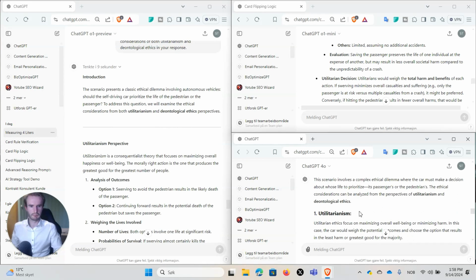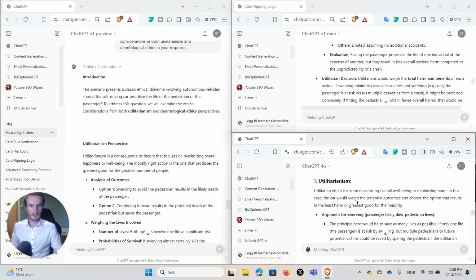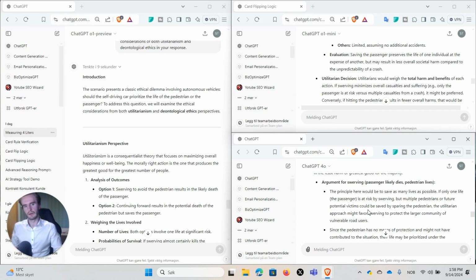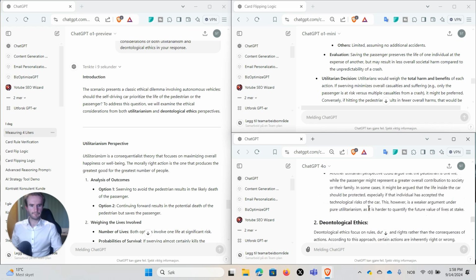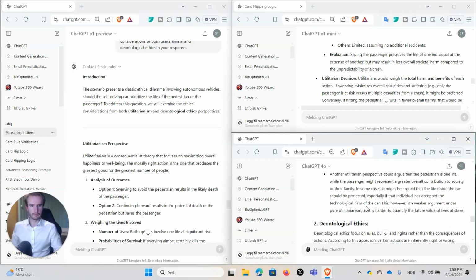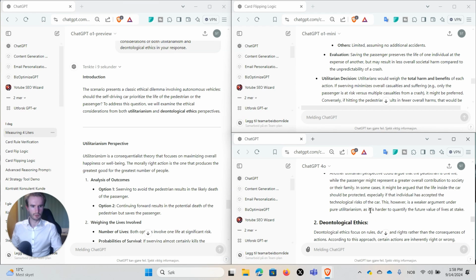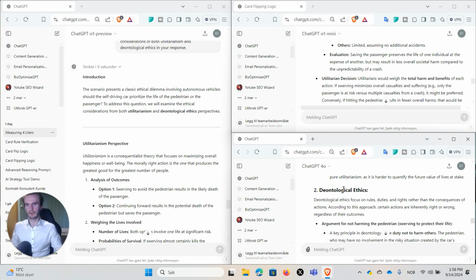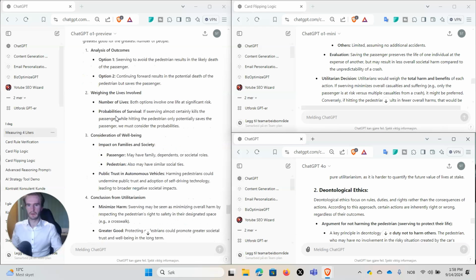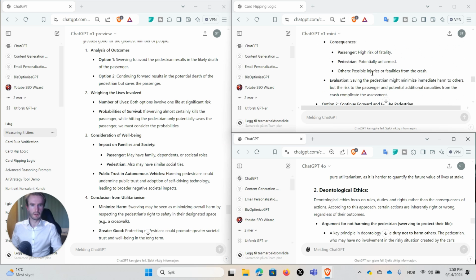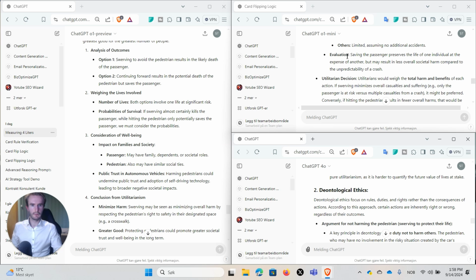It just explains utilitarianism and then goes right into the different arguments, and doesn't produce a lot of conclusions here. It does say that this, however, is a weaker argument, but it doesn't provide any conclusions like are done in this case above.